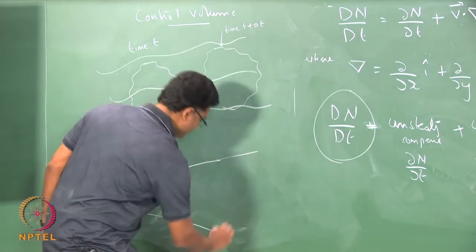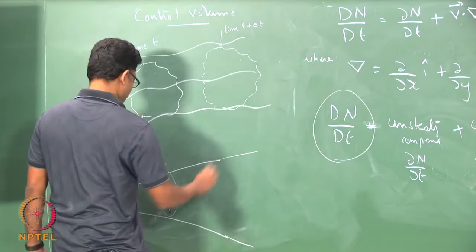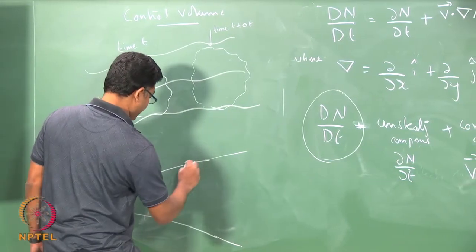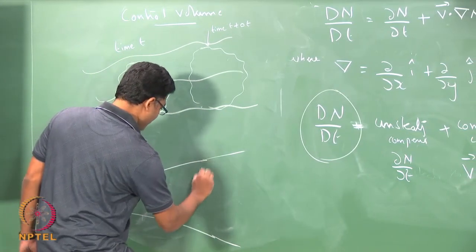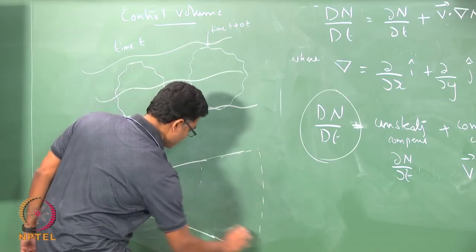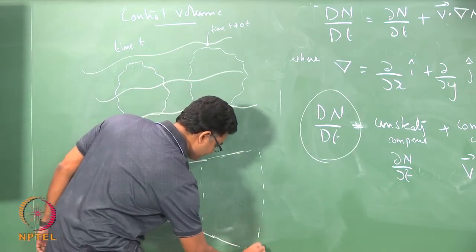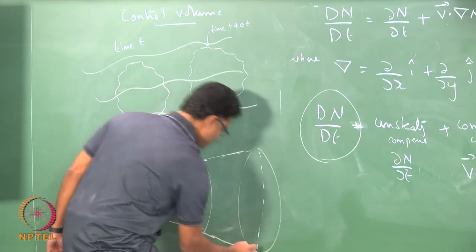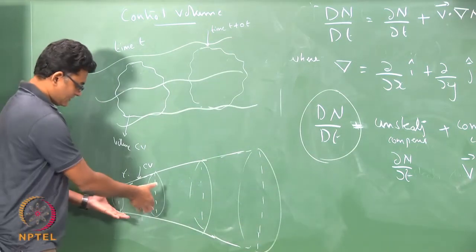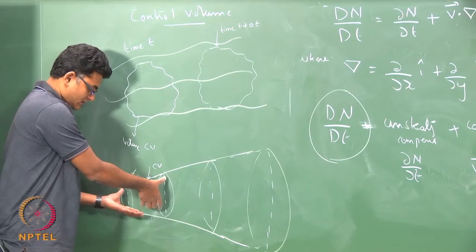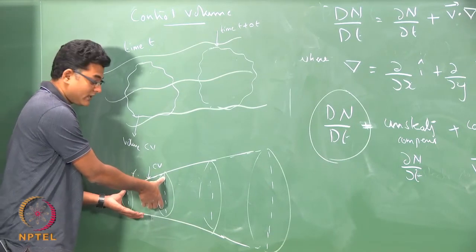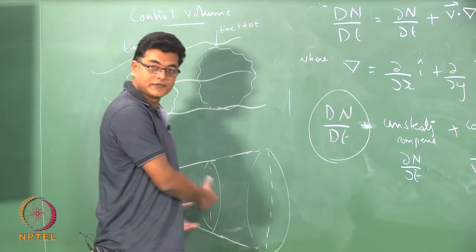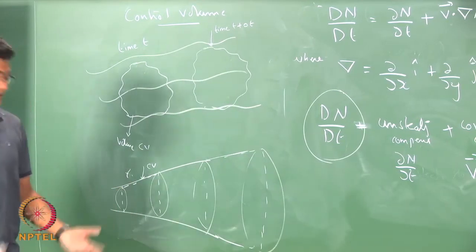After some time, say at time t plus t1, t2, I have a different control volume. So, the mass that is associated with the particles inside this control volume is the same. So, the mass has carried, but the control volume has changed.